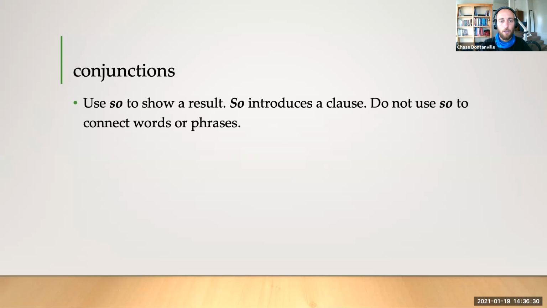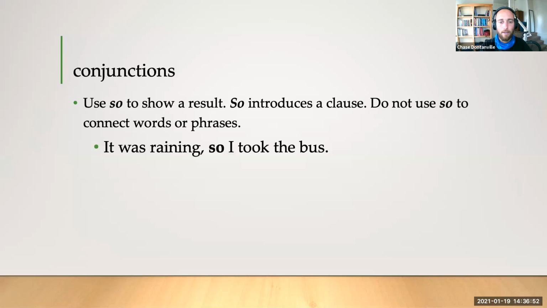So, use so to show the result. So introduces a clause. Do not use so to connect words or phrases. So is a little different from and, but, and or because so cannot connect the words or the phrases. It only connects clauses.